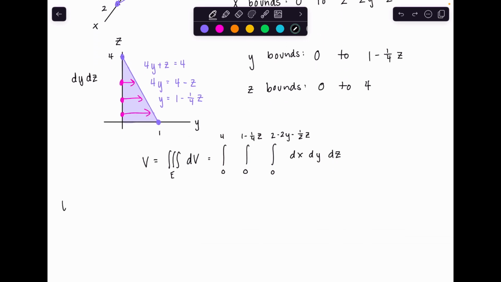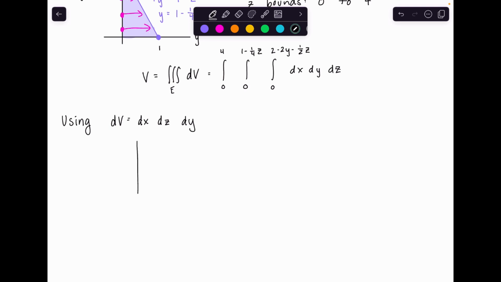So instead of now this order, we're going to use dv is dx, dz, dy. So absolutely nothing is going to change with the x bounds. It's just the y and z.